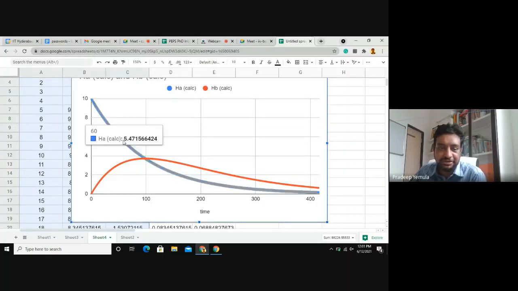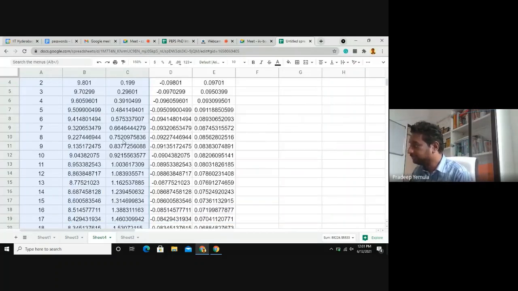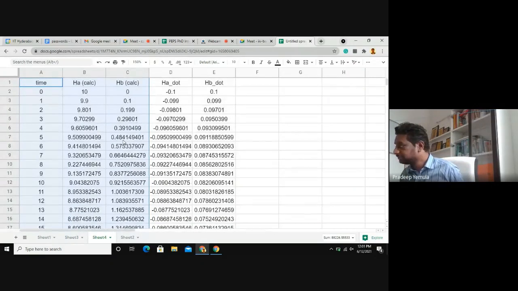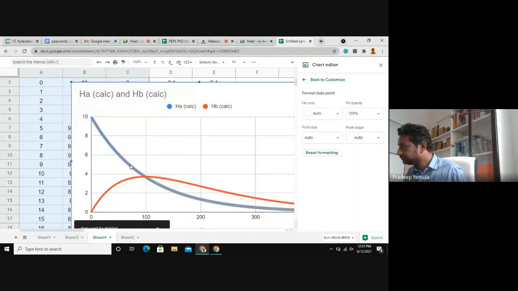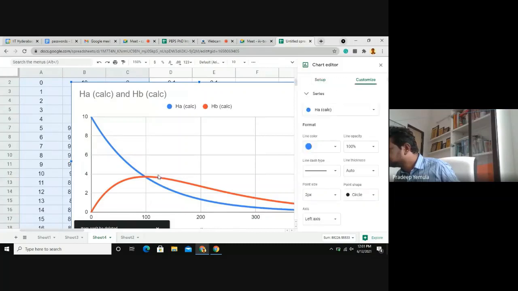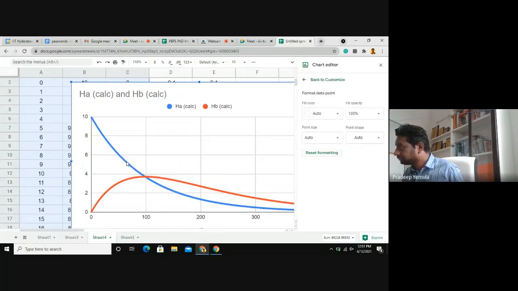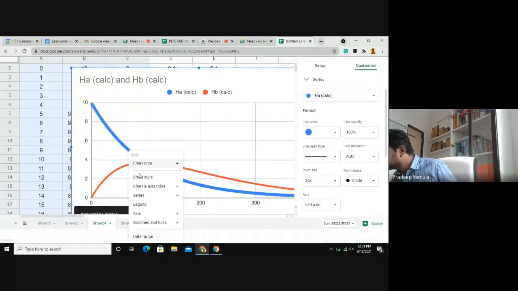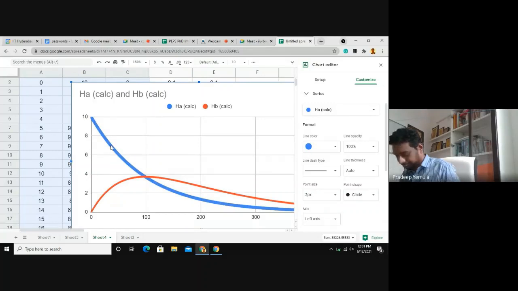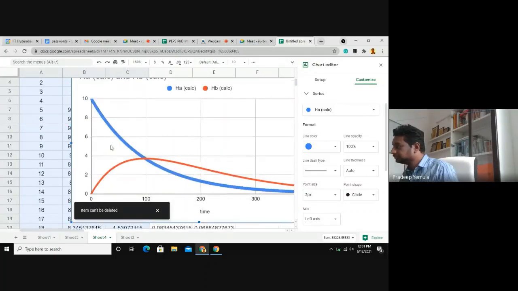So let me delete the first one so that we can properly see the second one. Item can't be deleted.